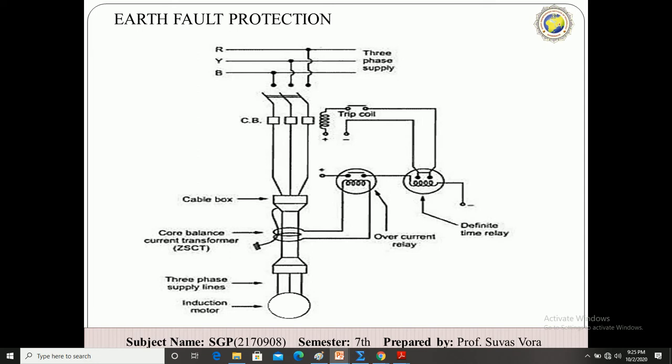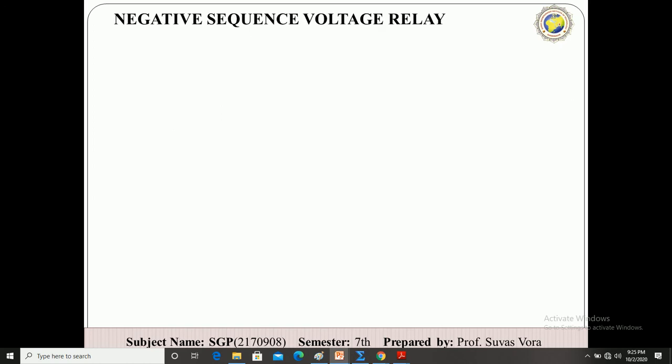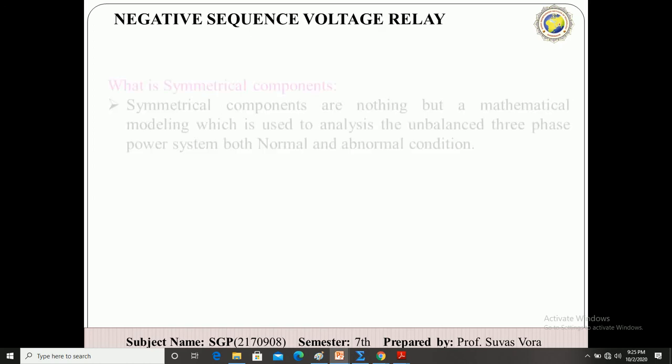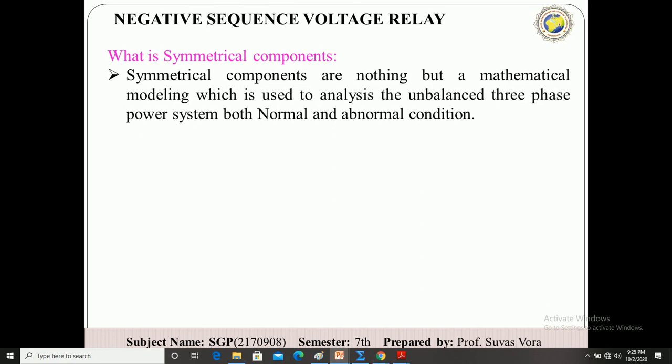You can see here the combination is the original system. The positive sequence is the same as the original system direction, but the negative sequence is opposite to the positive sequence, and in the zero sequence all the directions are the same.